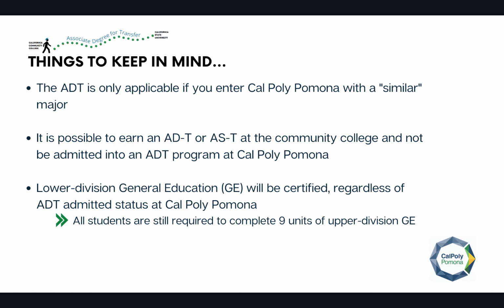Cal Poly has a blend of lower division GE and upper division GE. So there are 3 upper division GE courses that are not taken at the community college, in areas B, C, and D. You do need to take an additional 3-unit upper division course that applies to your GE program. A lot of students get that confused.